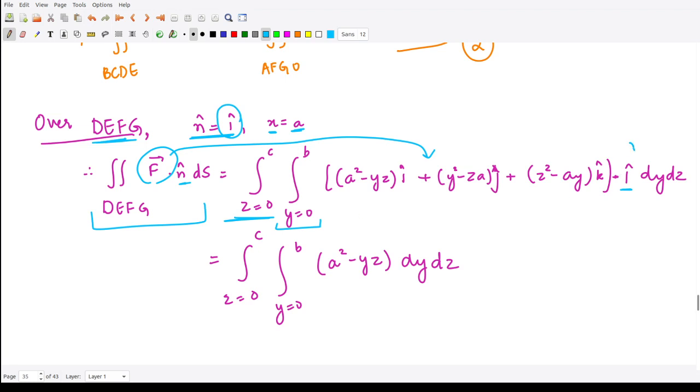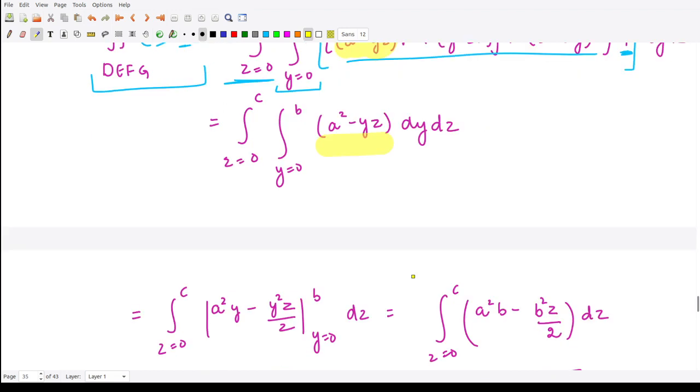So when you take the dot product of this whole vector f with vector I cap, it would just be the component this one, because I cap into I cap is 1, j cap into I cap is 0, k cap into I cap is also 0. So we have this quantity. Next we will perform its integration, firstly with respect to y and then with respect to z.